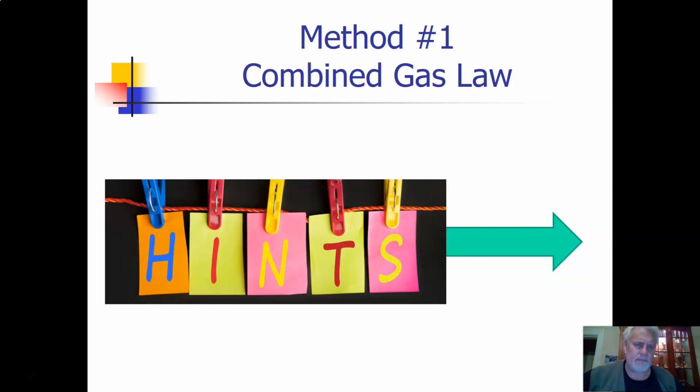Okay, so we're going to give you some really good hints that will help you in doing tomorrow's lab, because you're going to have a similar set of data by the time you're done doing the lab, or that data will be provided for you if you're a distance learner. So method number one is referred to as the combined gas law method.